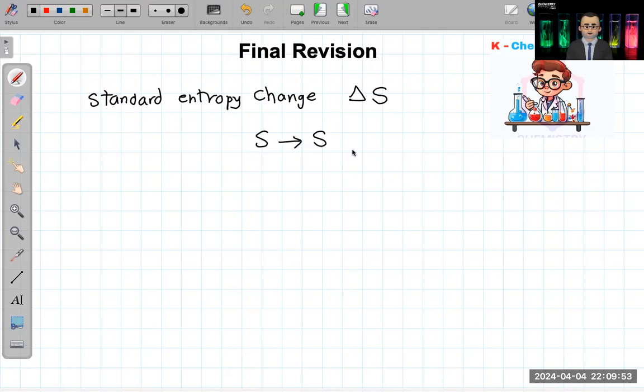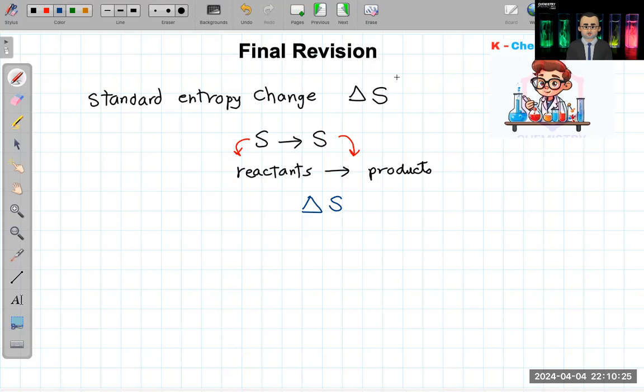For example, after the end of a chemical reaction, the reactants have changed into products. The reactants have a certain entropy, and the products have a certain entropy. Did the reactants have higher entropy than the products, or the products higher? Is it going to decrease or increase? This is what we call delta S, or the change in the entropy.